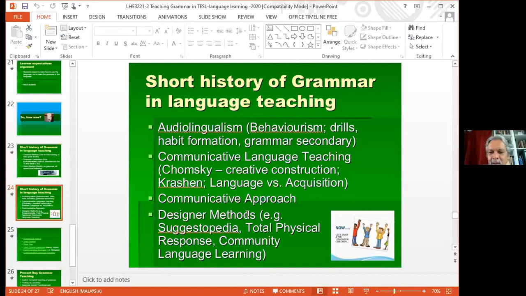Okay, so these things will more focus on a communicative approach, and it will probably not emphasize grammar so much. Okay, because grammar is going to cause a lot of anxiety. If you focus too much on grammar, it's going to cause a lot of anxiety. Okay, so these approaches tend to focus more on communication rather than on grammar.